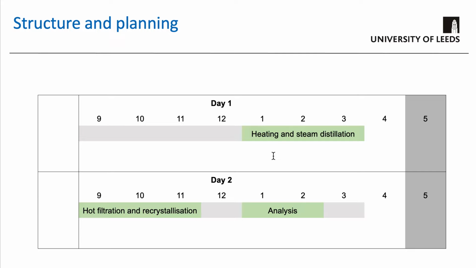You could start the reaction, heating things up together, and do the steam distillation to remove the toluene, giving you a crude product. The following day you can do your hot filtration and recrystallization in the morning, and then finish off with the analysis in the afternoon.